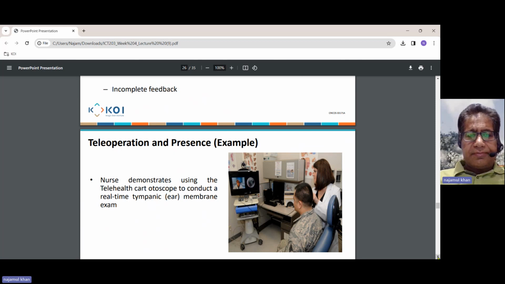Maybe they both are remotely located, living somewhere in a rural community. But at least this person is being physically examined, and somebody on the other end with a camera on, an expert, is looking into his ear to see what is going on. Imagine, this type of technology was not possible 20 years ago, but now it has become possible.